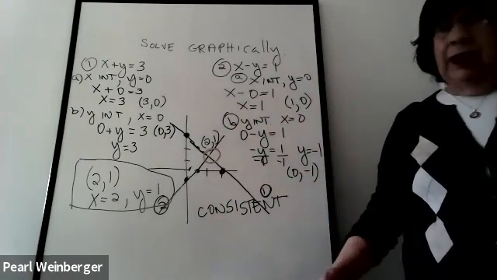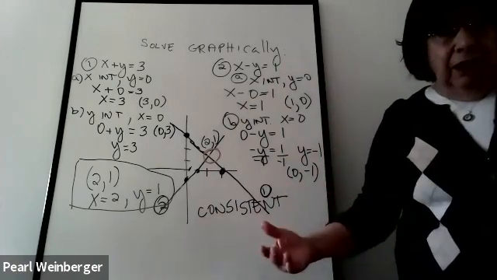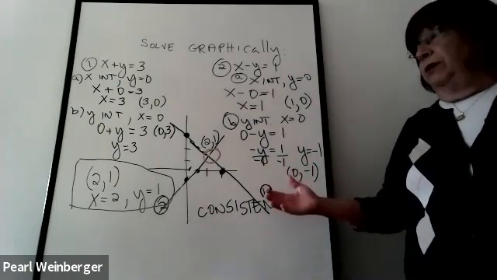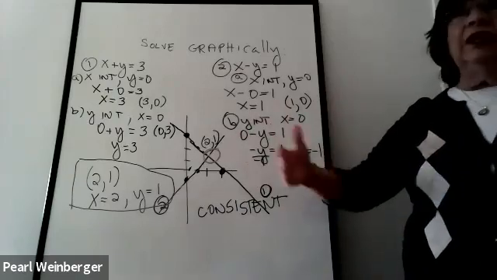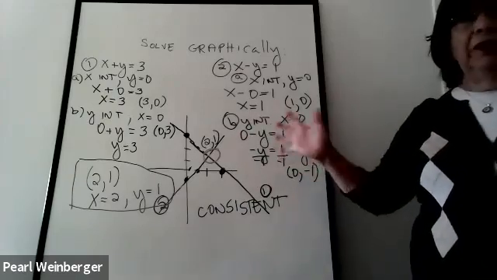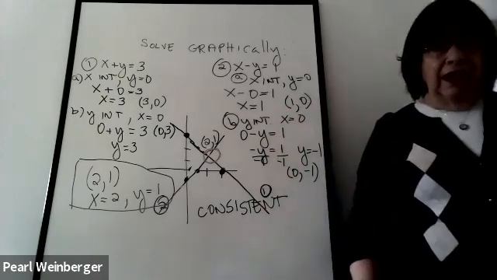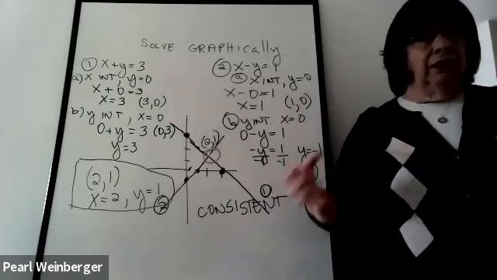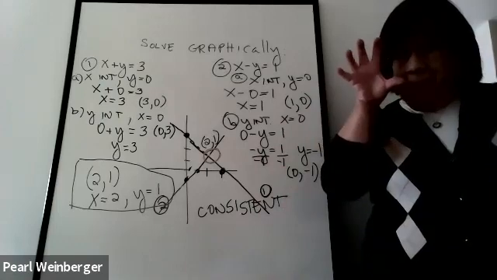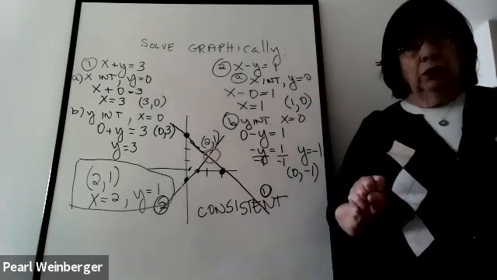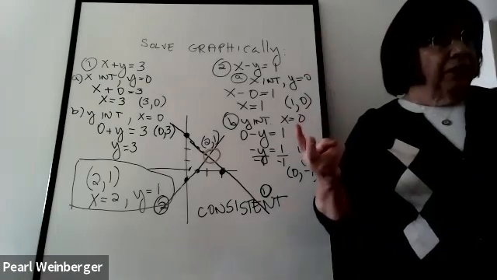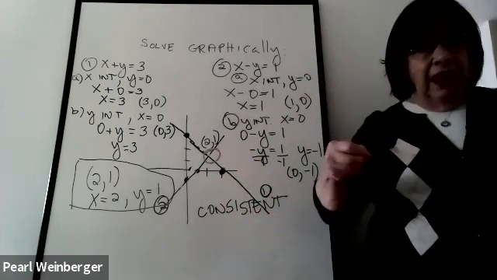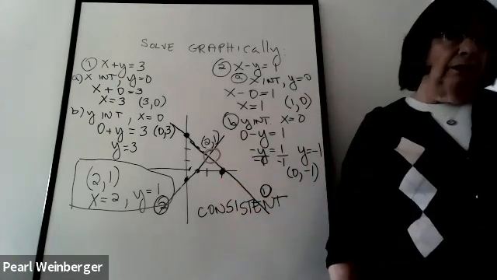And on top of that, what if they had given me a harder example where the numbers didn't come out to be whole numbers like 2 and 1, but 1.56 and negative 3.7? There's no way I would have been able to get an exact answer that way. But there are two simpler methods that we can use that don't involve any graphing and yet will allow us to find the answer to the system of equations.